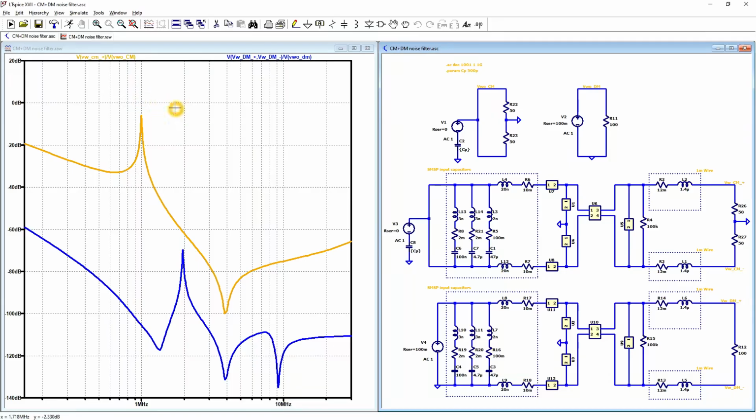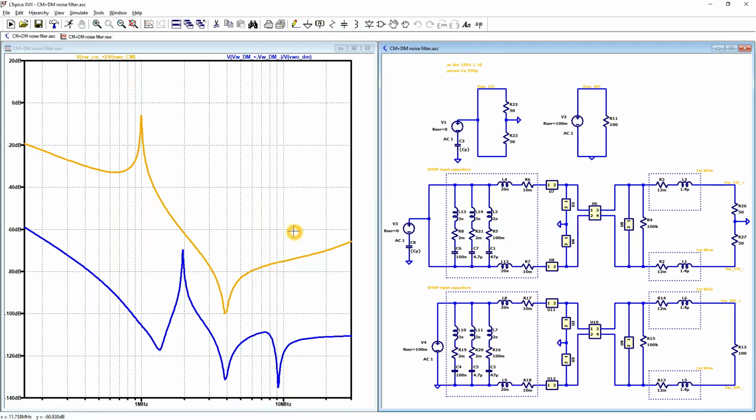This could be checked by additional measurements if we need more attenuation at this frequency. Further, we have a lot of attenuation, going to minus 100 dB, and then a little bit higher, around minus 60 dB.